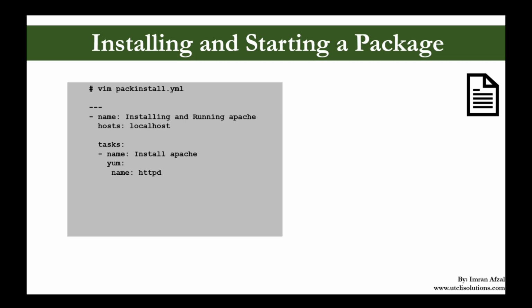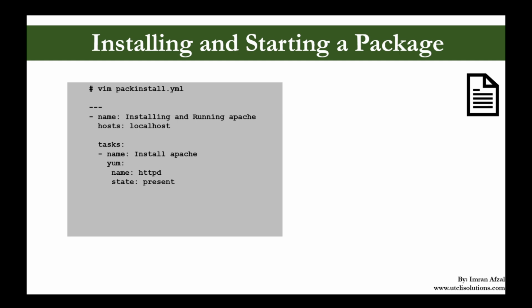So what exactly do you want to do with this package? We want to use the state as present, which tells the Ansible executables that we want it to be installed. So when you define the state as present, it means that we want the package to be installed.